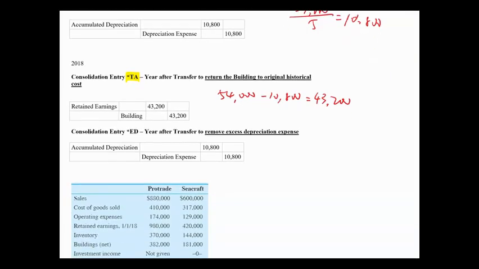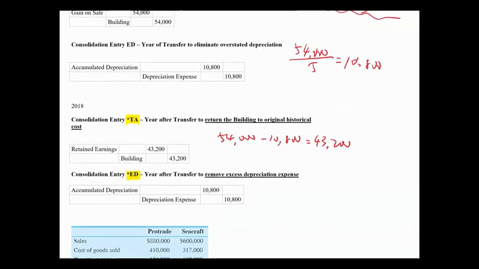And second entry is called entry star ED, and this is related to the prior ED. Because the parent company is using the straight line method, every year there's going to be the same amount of excess depreciation, and then we're going to prepare the same entry for this star ED. So I have this debit accumulated depreciation and credit depreciation expense of $10,800.